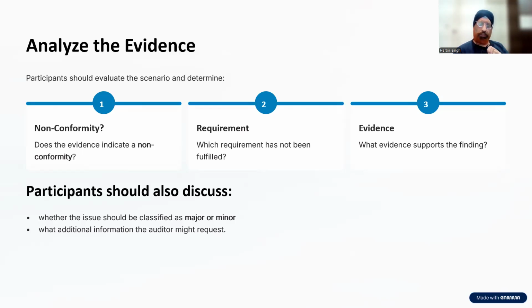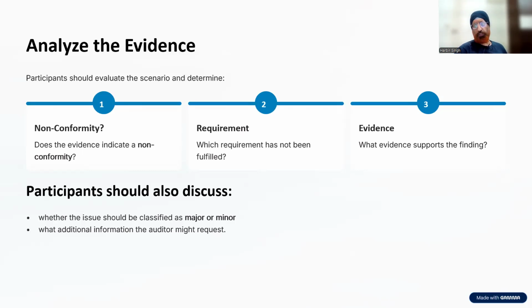What about the requirement? Which requirement has not been fulfilled? Now let us assume that as you evaluate the documents, you have a very clear idea that yes, there is a non-conformity.